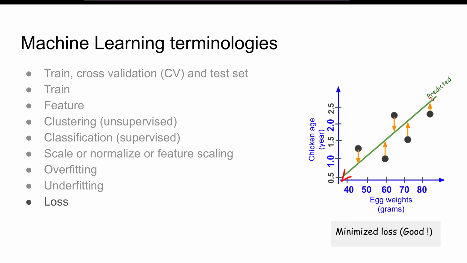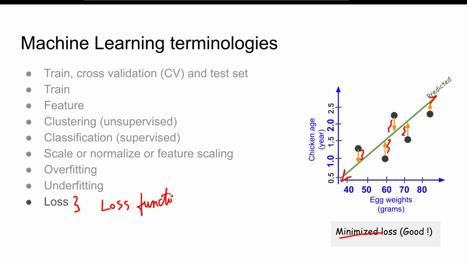In this case the line goes through like this, and it seems that the values for loss have reduced, so the difference between the actual and predicted values is low, and thus the loss is minimized, and that is a good thing. So in machine learning, you'll often hear this word, minimizing the loss, and there is something called a loss function.